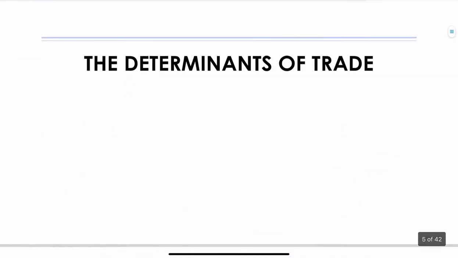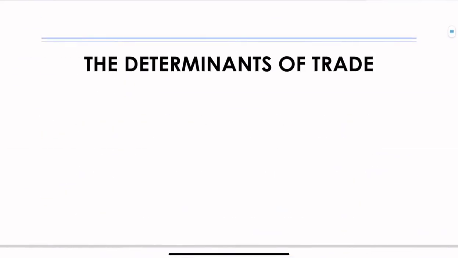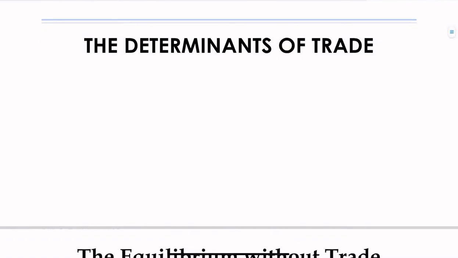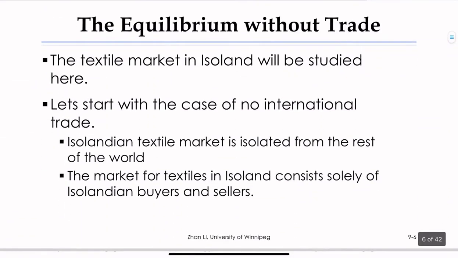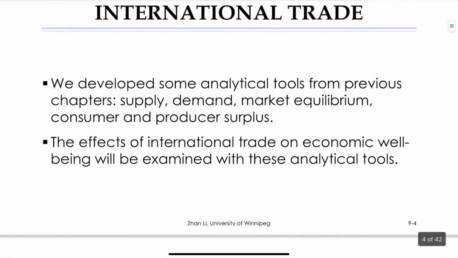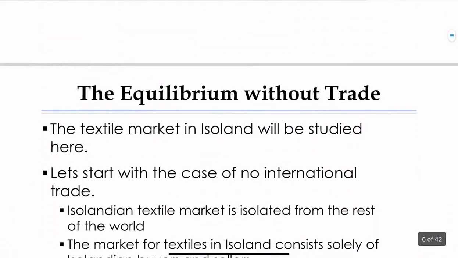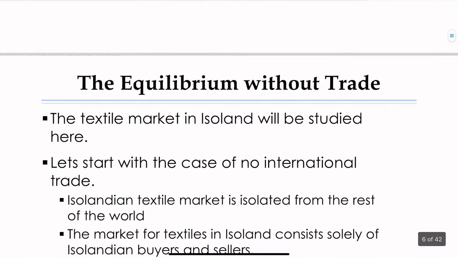Okay, so we will first start with a more basic section, which discusses the determinants of trade, and we will start with a very cute story. So let's say we have a country which is called Iceland, right?